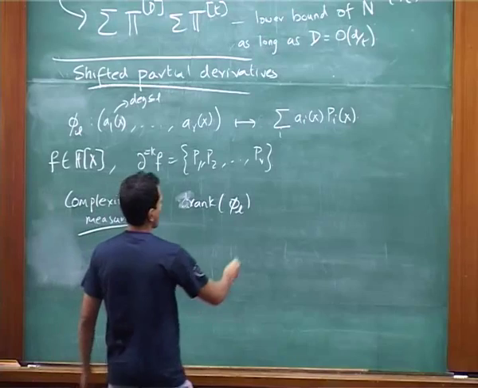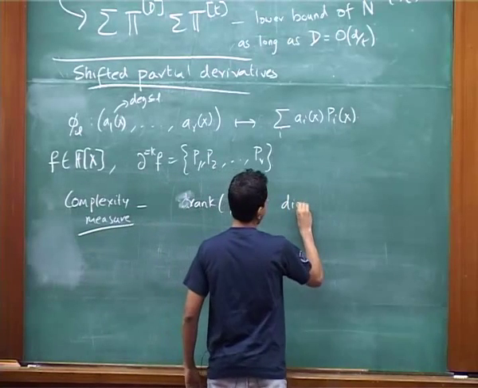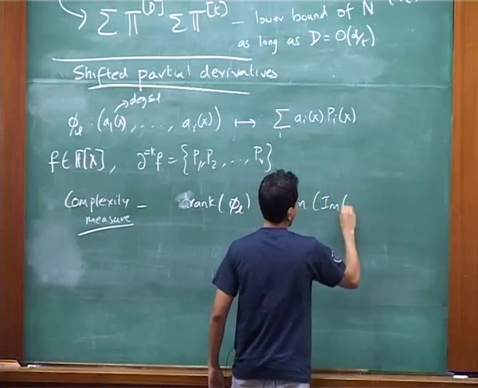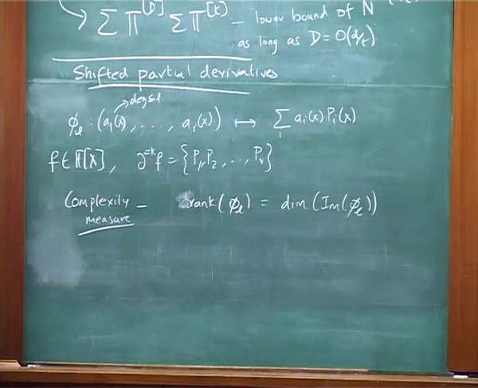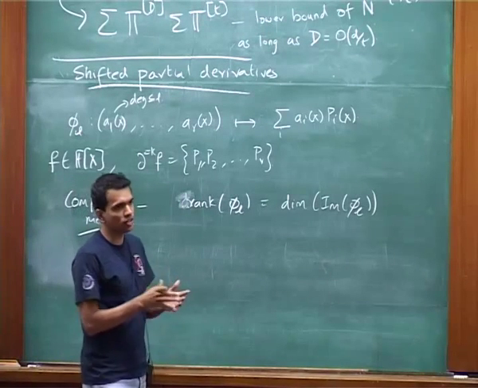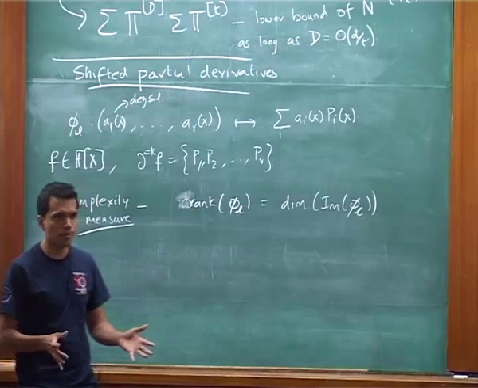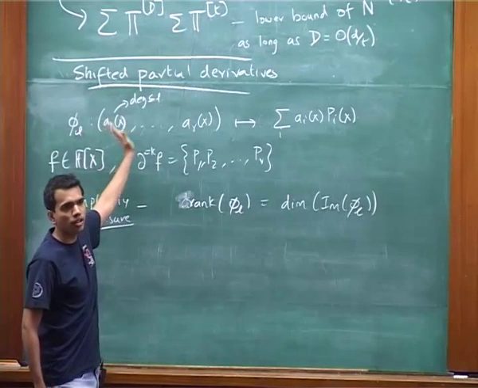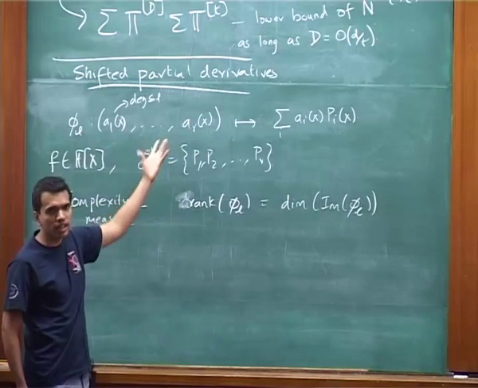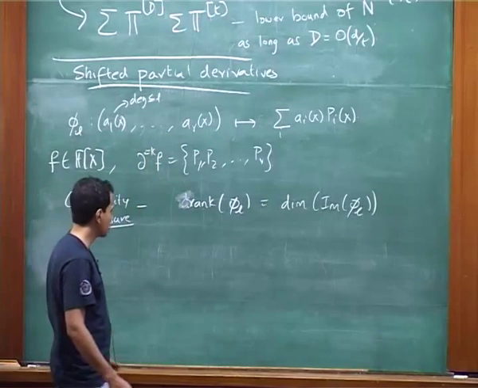And this is just the dimension of the image of this linear map by simple linear algebra or by definition. So what's the dimension of the image? I want to know the size of the space that the image spans. I can start with the basis here, see what phi L does to this basis, and then take the dimension of that.